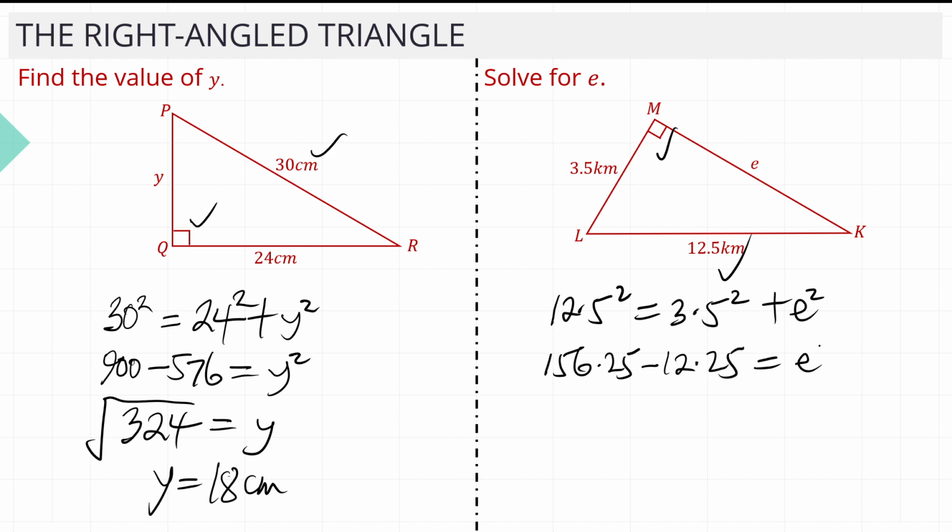So we now have our work this way. Now take the square root of both sides, and the value of E is 12 kilometers.